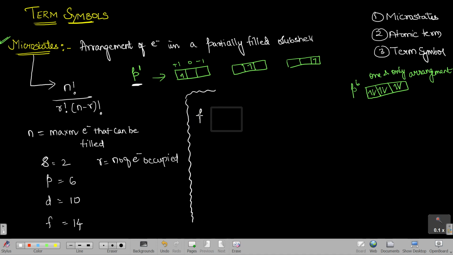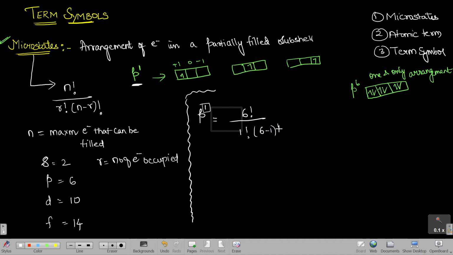We'll take the same example p1, and check how many possibilities there are for the electrons to be filled. There is only 1 electron, so I have given you only 3 possibilities, but actually if you see, you will understand how many possibilities there are. Now you see n factorial. In p orbital, the maximum number of electrons that can be filled is 6, divided by r factorial. r is the number of electrons that is present. Here only 1 electron is present. So you put 1 factorial here. So 6 factorial divided by 1 factorial into n minus r.